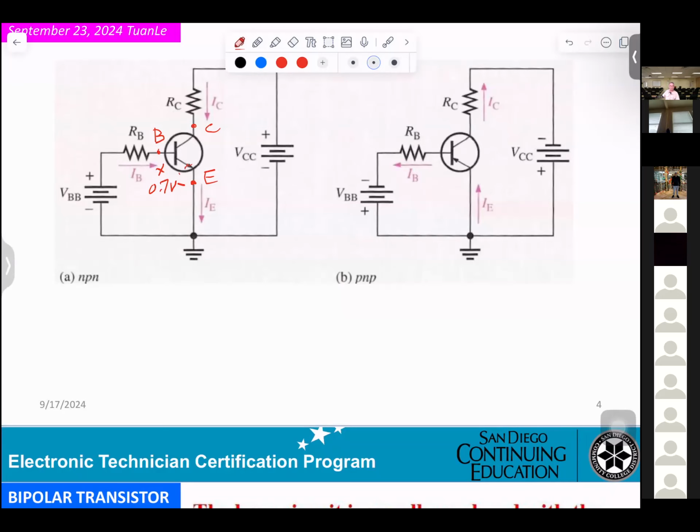Positive connects to where? VB. Then DMM high, DMM low.